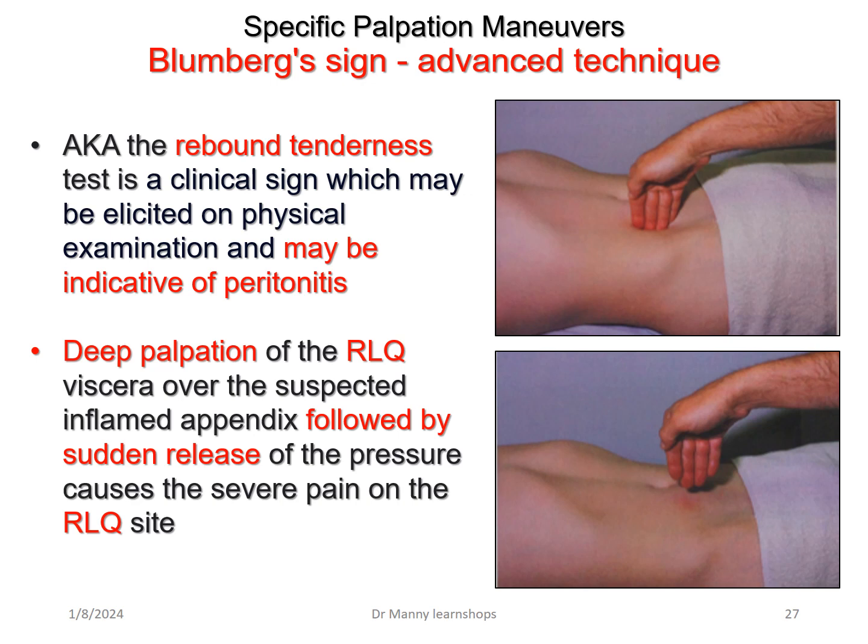Now, deep palpation in the right lower quadrant is indicated, and what happens is, followed by a sudden release of pressure, it causes severe pain in the right lower quadrant. This is Blumberg's sign, which is also known as rebound tenderness.